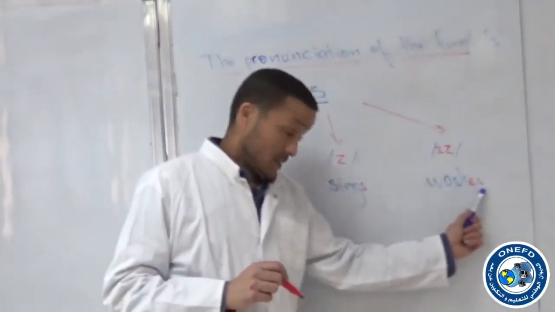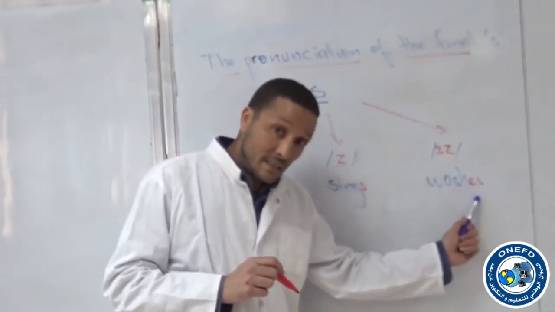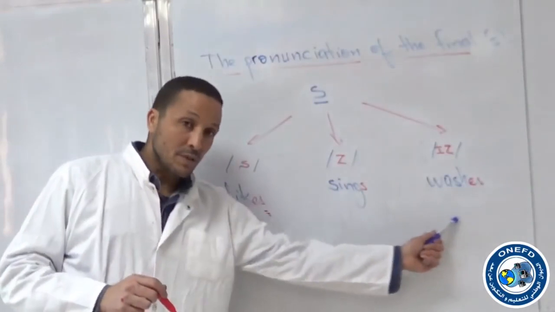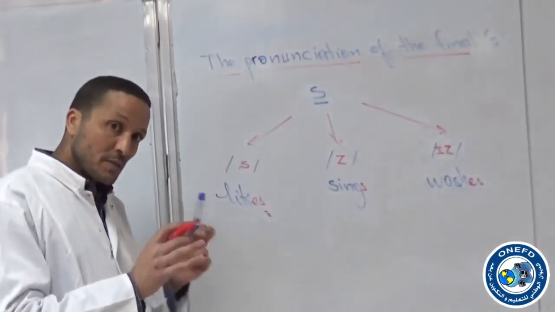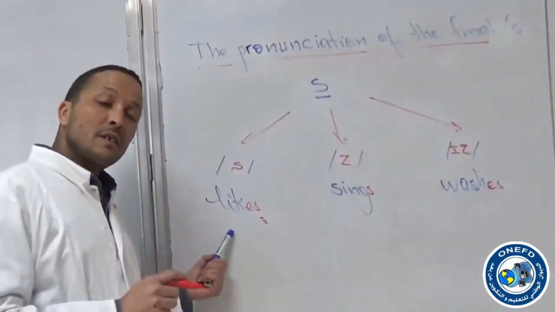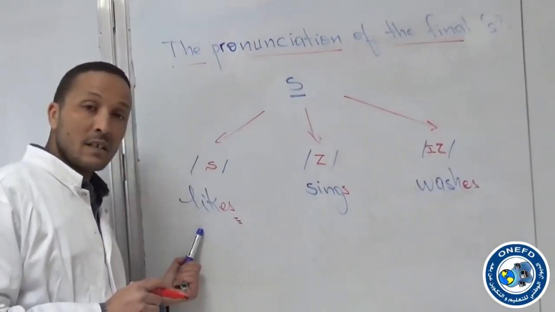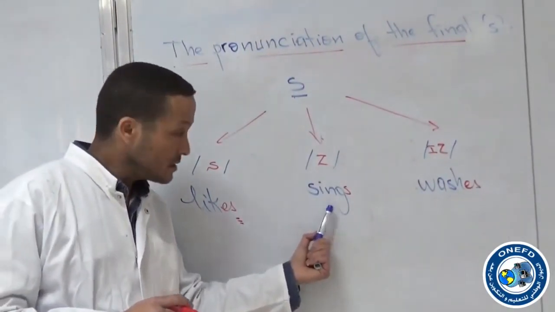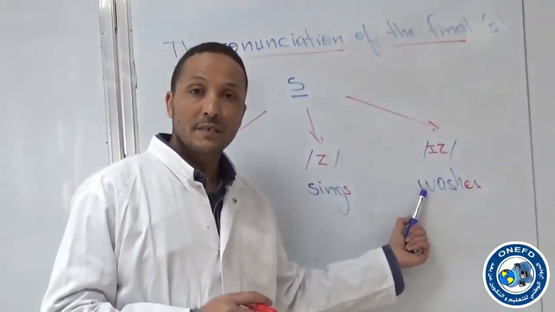Here there is an iz, it's a new syllable. So we repeat the three words here to recognize the difference between them: likes, sings, and washes.